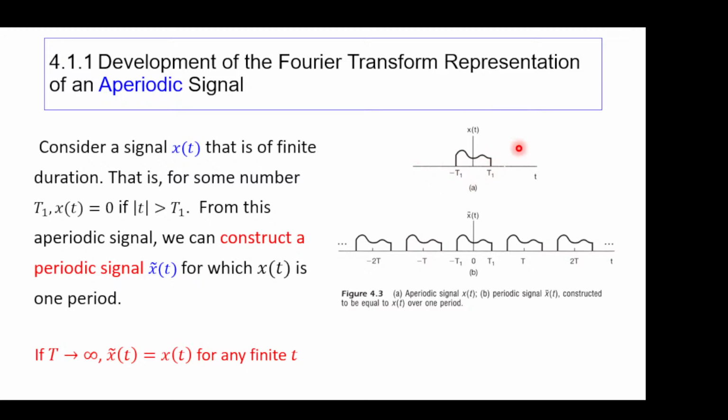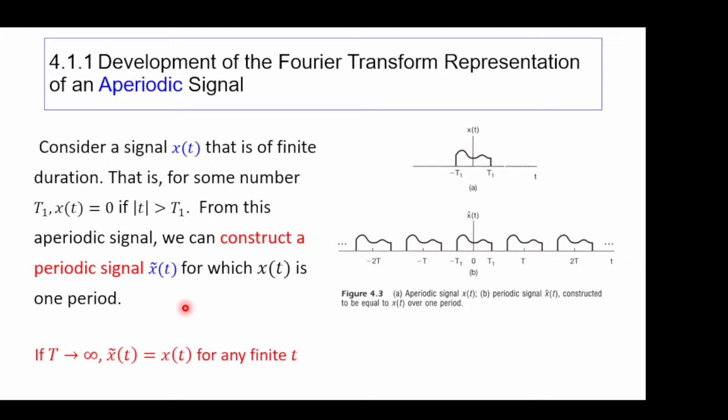We start with x of t, and for simplicity let's assume it has some finite support, so it has some range from -T1 to T1. We only know how to do Fourier series coefficients for a periodic function, so we copy paste this from -infinity to +infinity and make a periodic function.